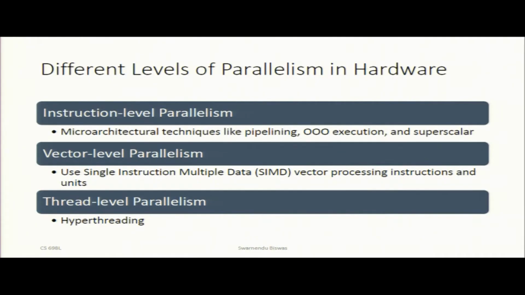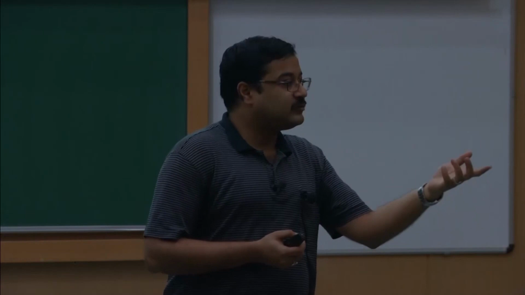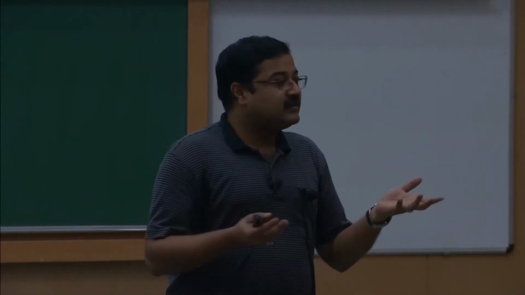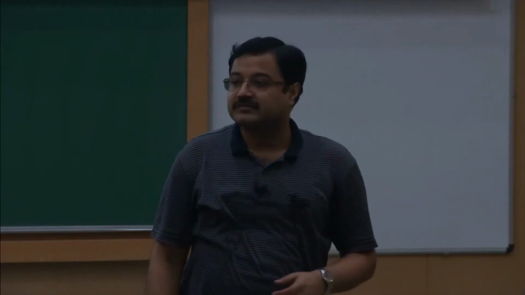Then you have something called vector level parallelism. What we are saying is you have vector processing instructions where you don't operate on a scalar piece of data, you operate on vector data. So instead of having an add with scalar operands, add A, B, C, that means I am adding B and C and storing it into A, I could have a vector instruction, say VAdd, which will add two vectors and store the result into a third vector.